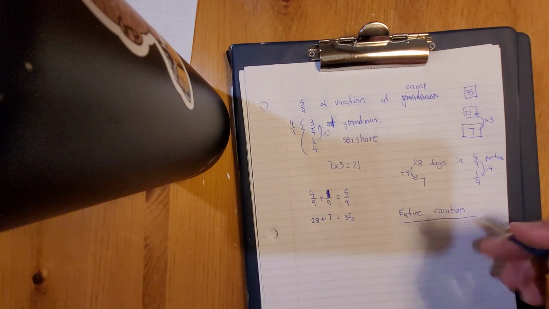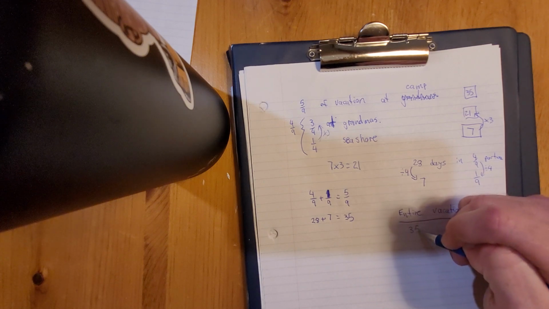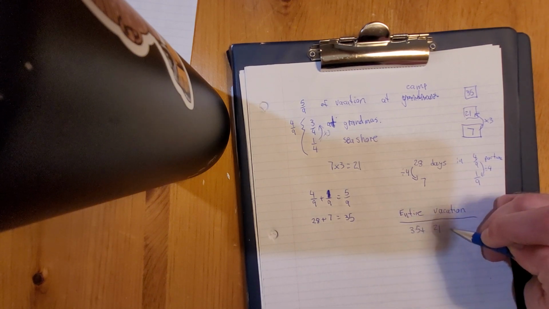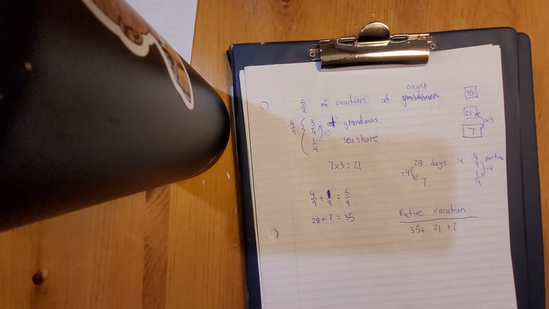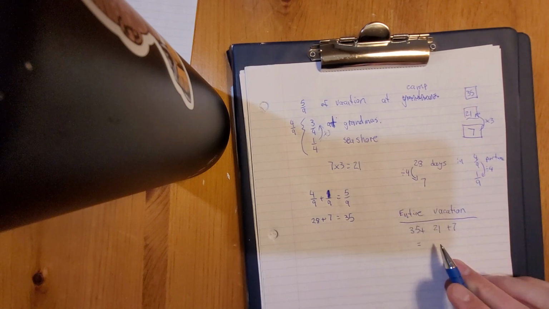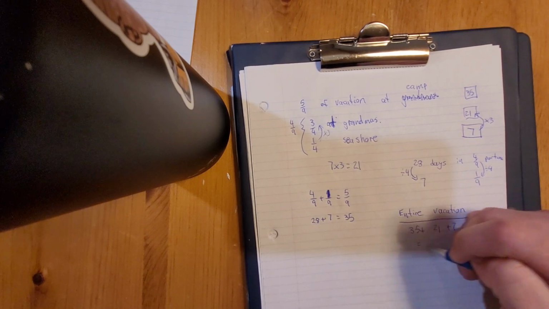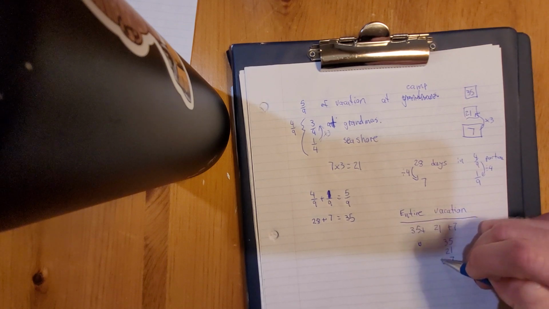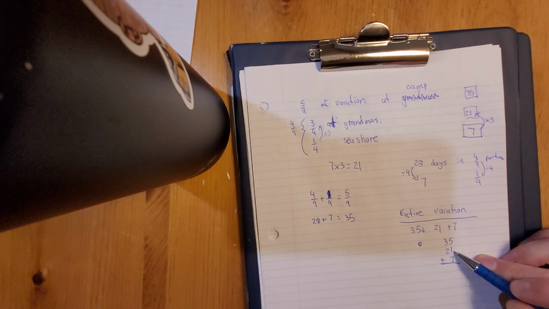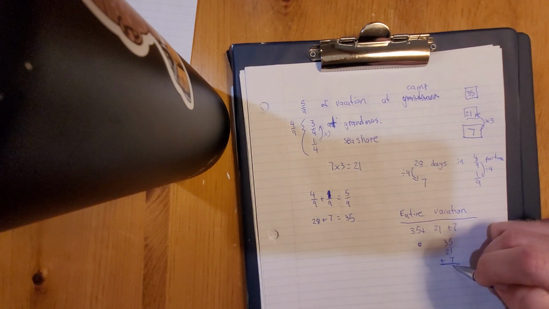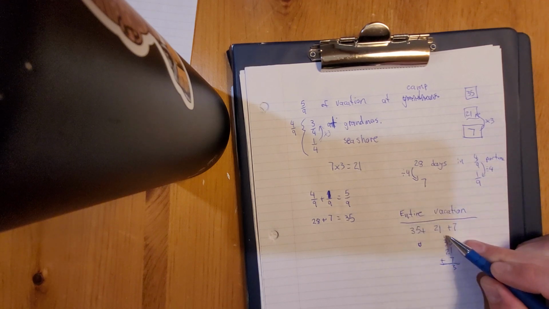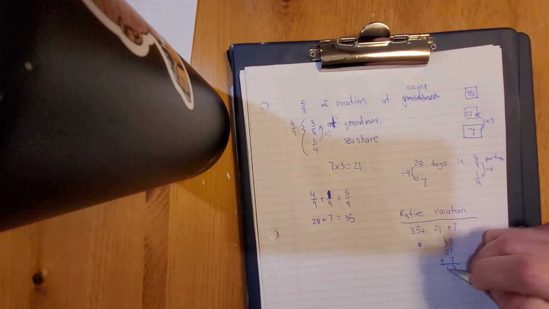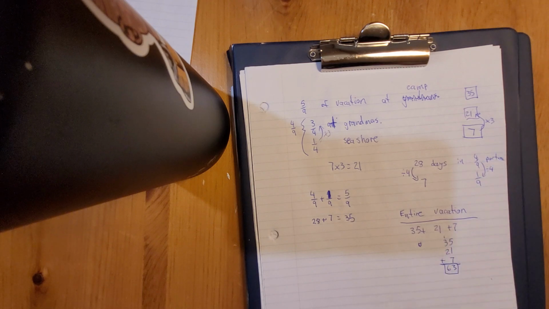But here, the entire vacation would be 35 days plus 21 days plus 7 days, which is going to be equal to a total of, let's stack them. It's easier to add when you stack. There we go. Columns are our friend. 5 plus 1 is 6, plus 7 is 13. Carry the 1, and then we have 3 plus 1 plus 2 is 6. So 63 days.